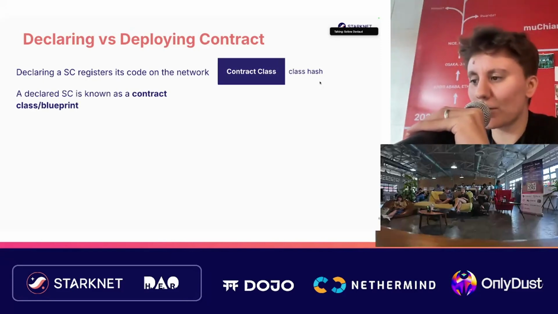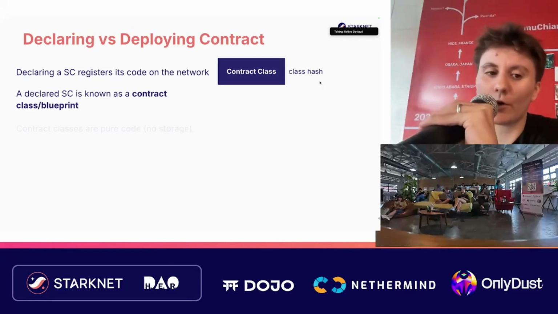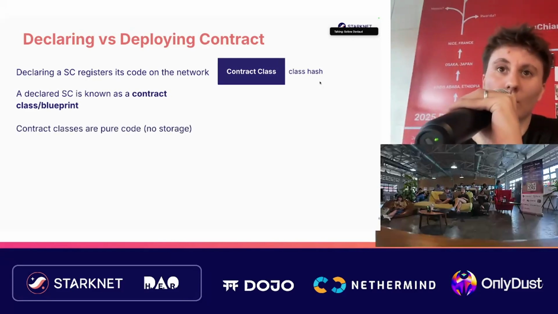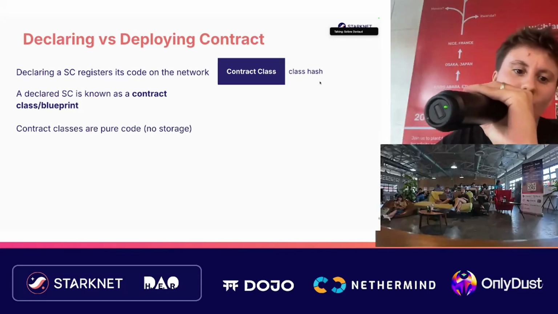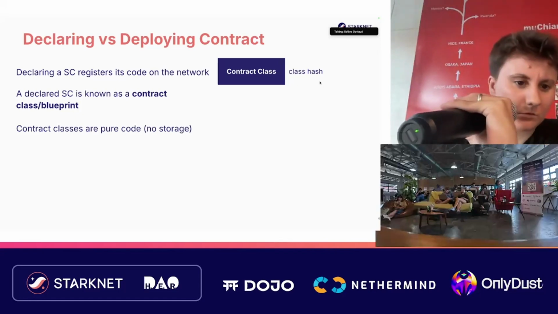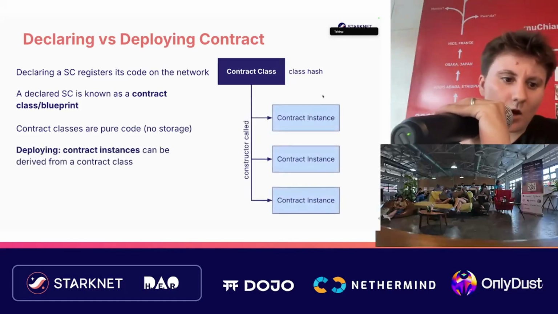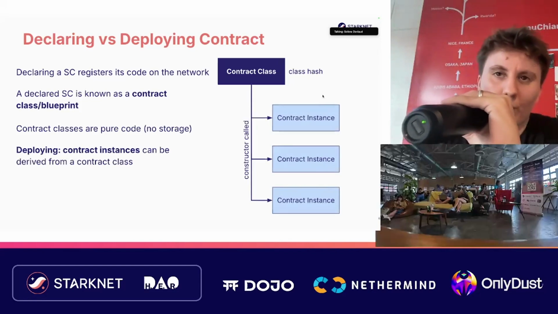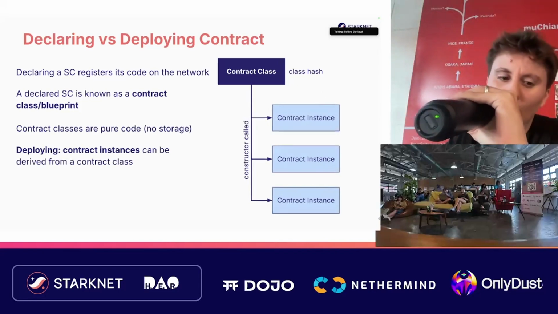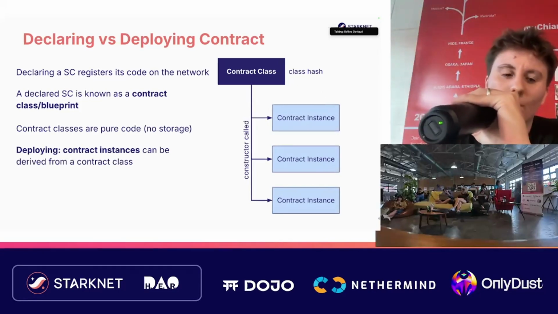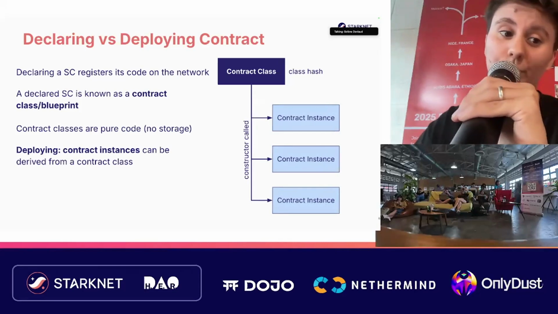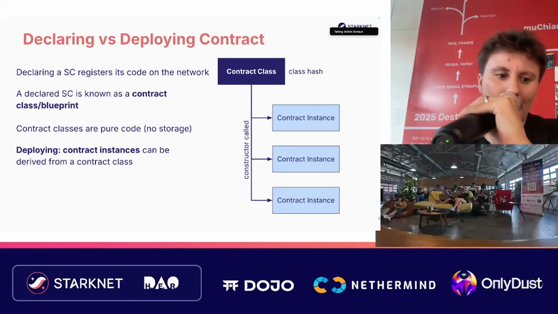When you declare a smart contract, you just put the code into Starknet, so you don't have any storage. To be able to use it, you need to create a contract instance, and for that you need to use the contract class.